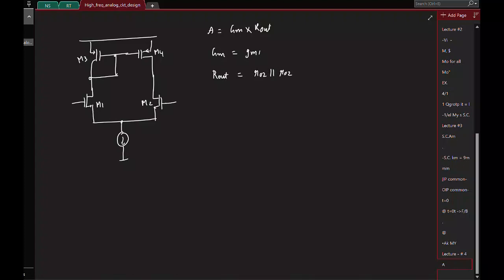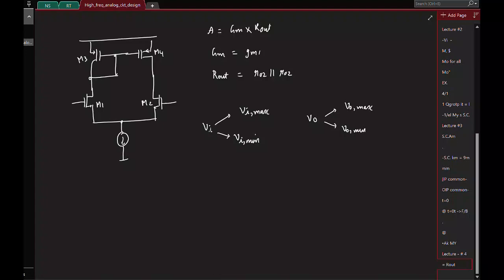Great. And in the last class, we also looked at the common mode range, both at the input and at the output. So at the input, you'll have a minimum DC you can apply, and a maximum common mode. Similarly, you will have something at the output also.